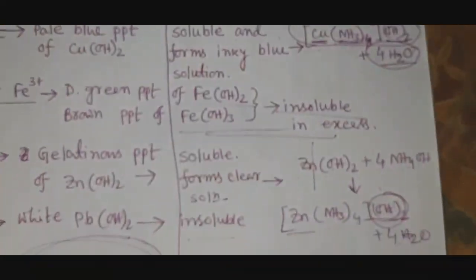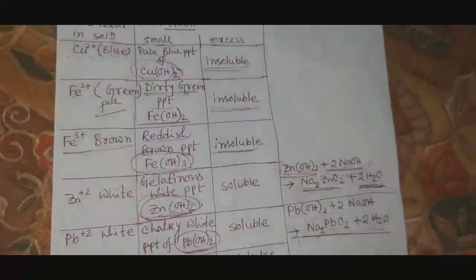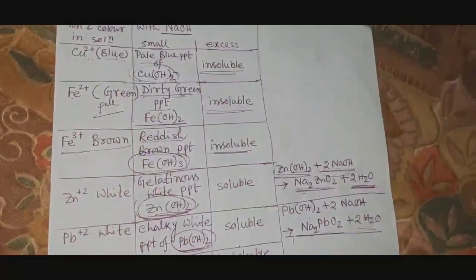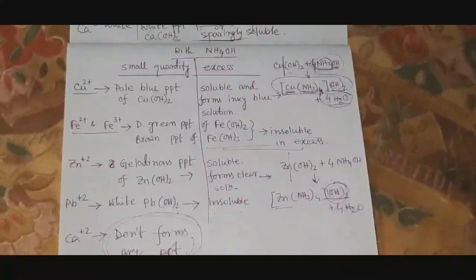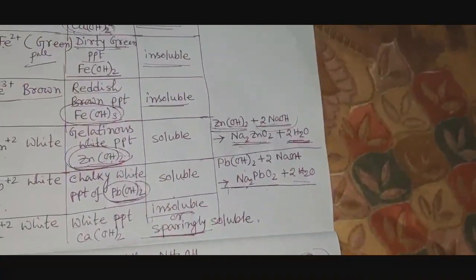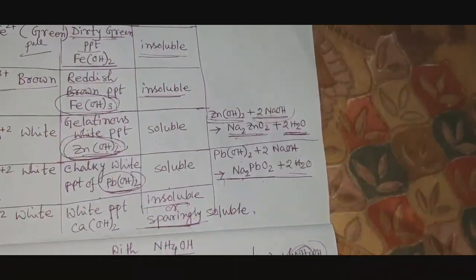So now see, whenever I have completed that part, what is coming? Whenever I am looking at sodium hydroxide and ammonium hydroxide, we can make one chart of which are soluble, which are not, and if they are soluble, what kind of reaction they are undergoing.